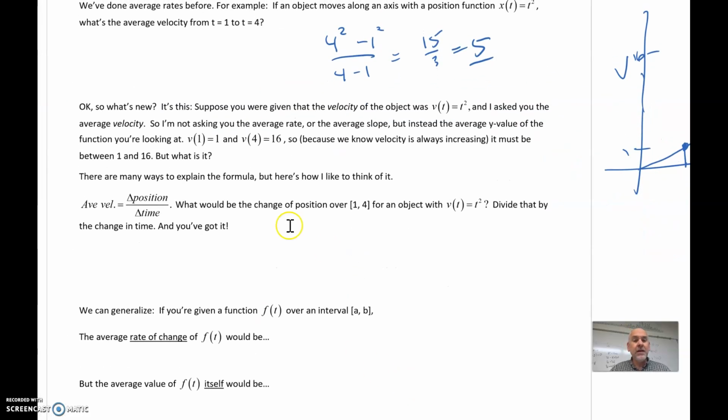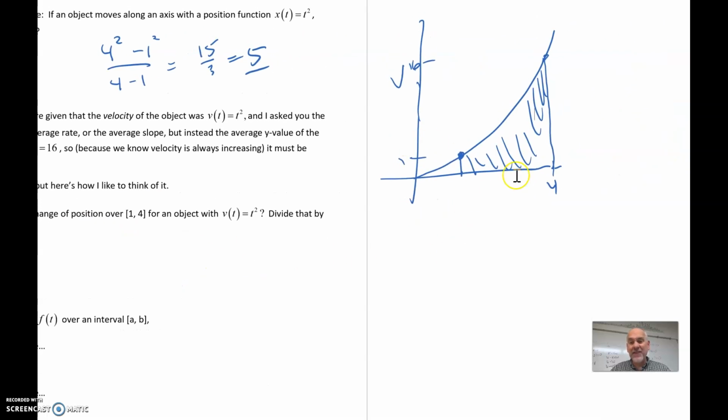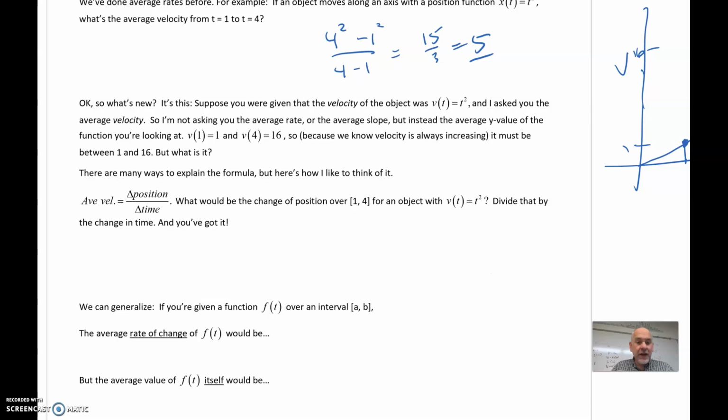So I just need to find that area, and I know how to do that. The area is the integral from 1 to 4 of t squared dt. But I need to divide that by the change in time, which is 3 units. And you've got it.